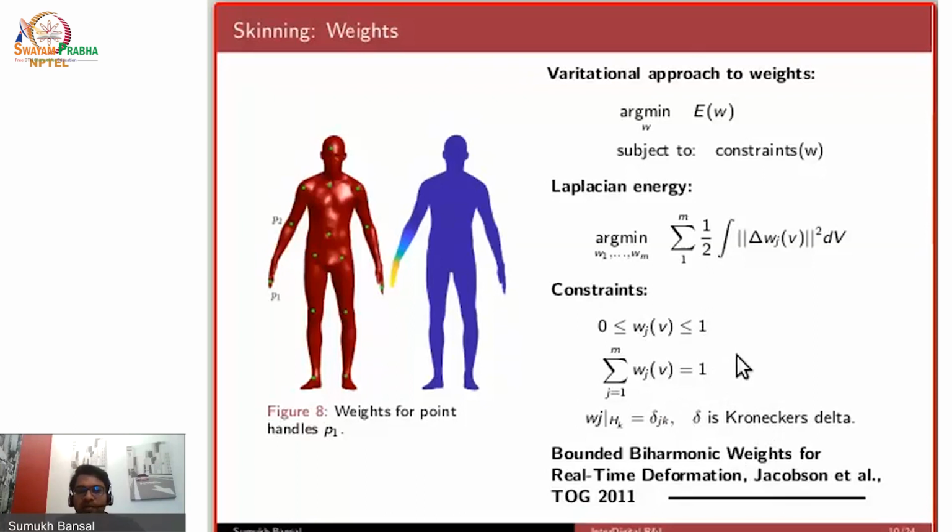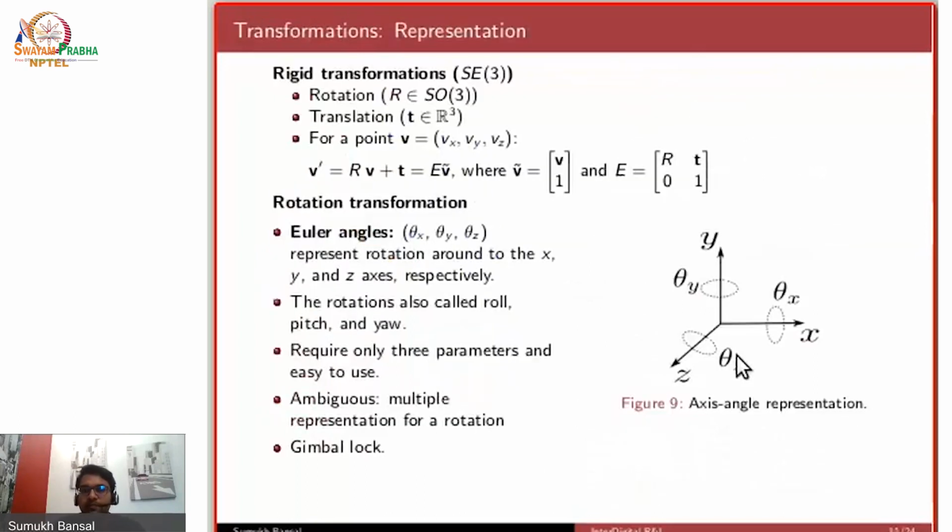Now let's talk about the representation and blending of transformations. Again, blending simply means mixing or taking a weighted average of the transformations. So in skinning, typically a rigid transformation is used. A rigid transformation consists of two parts. One is the rotation transformation, and the other part is the translation transformation.